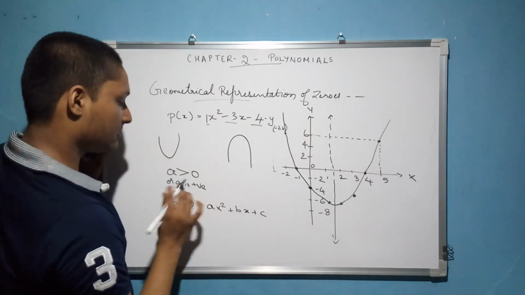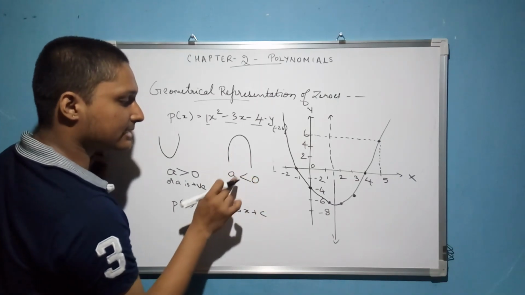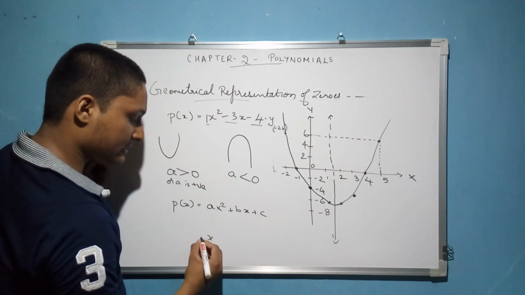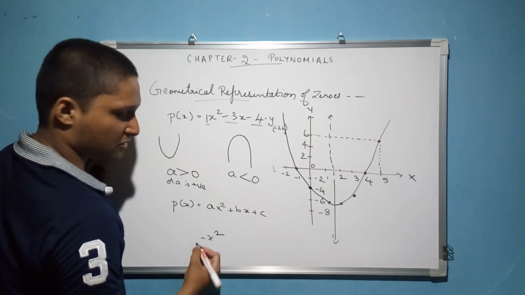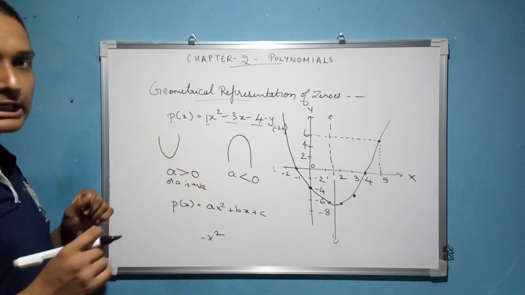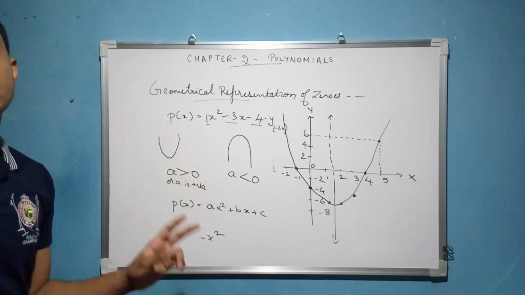If you are getting a graph like this, it means that a is less than 0, or you have a term like -x square or -2x square or -3x square. That's what this is indicative of.